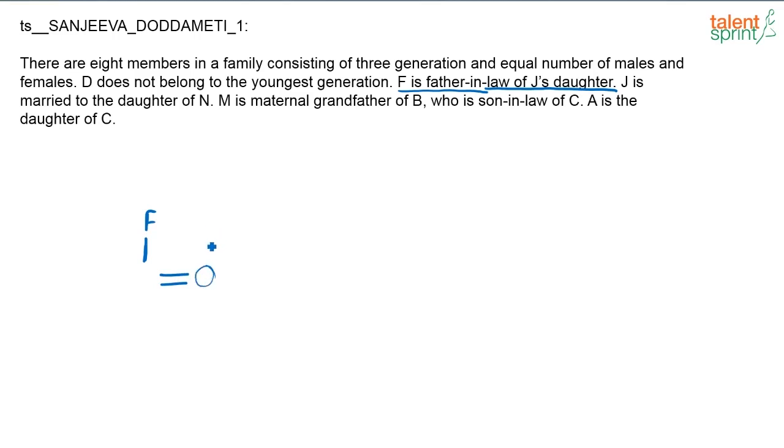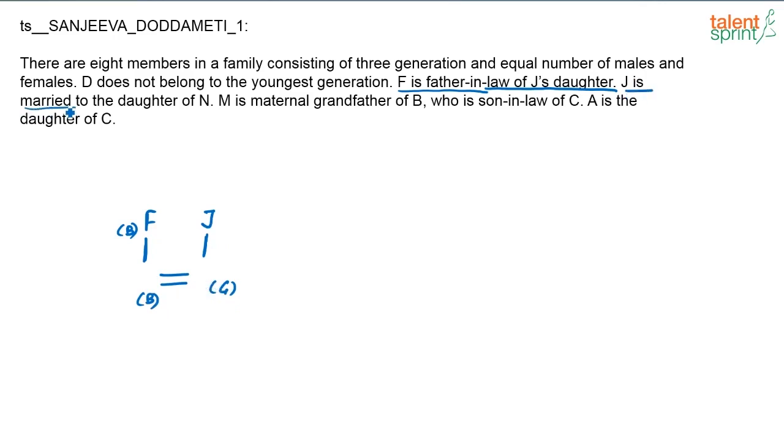So who is this? This is not J's daughter. So this is a female here, right? Female means I am putting G. So F is the father-in-law means this is a male person. So F has a son who is married to the daughter of J.